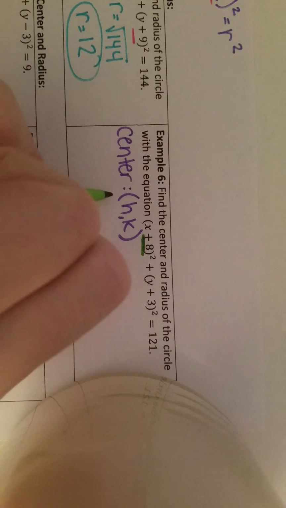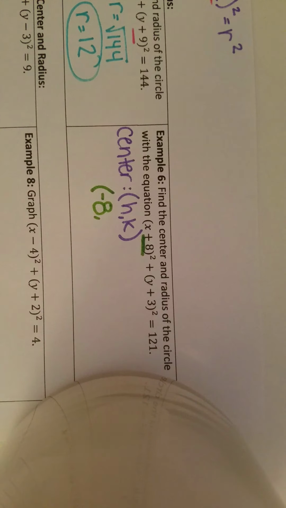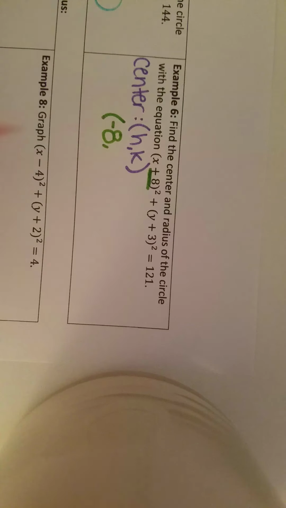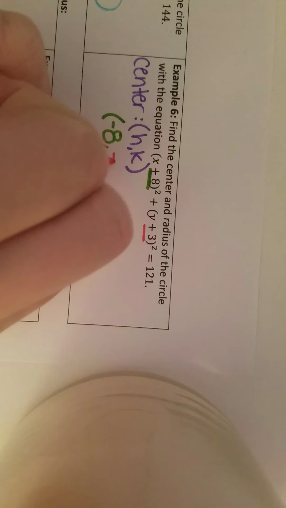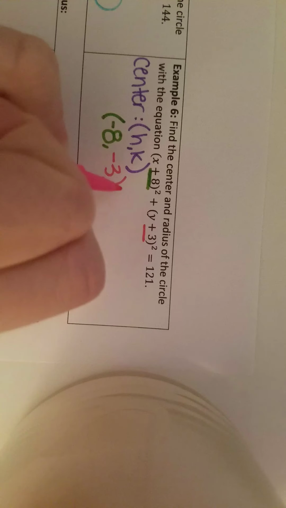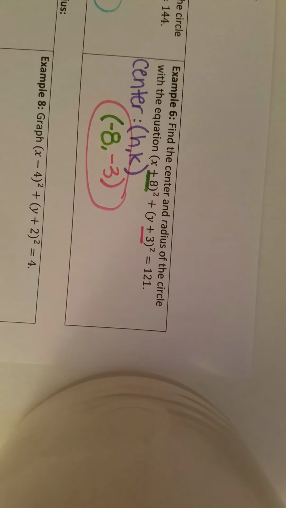So instead, now it's going to be a negative 8 for our h. And then for our k value, this is a plus 3. So again, it's now the opposite. So it's going to be negative 3. So that's our center. To find your center, it's always just the opposite of whatever those two numbers are.